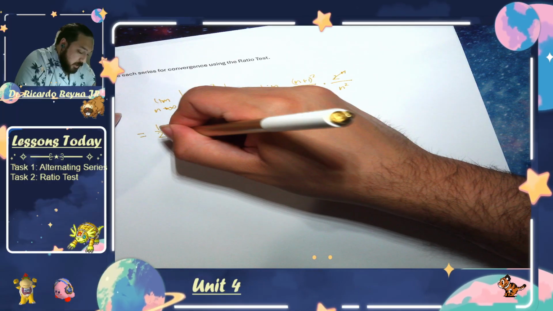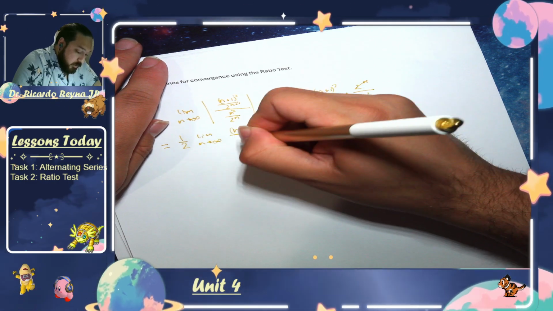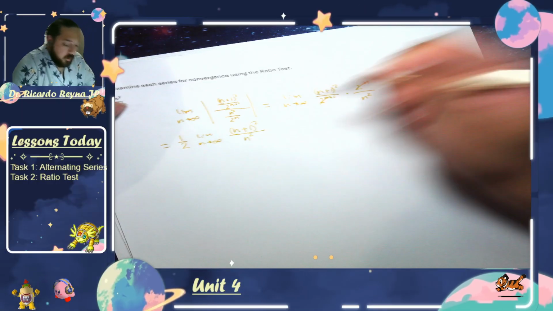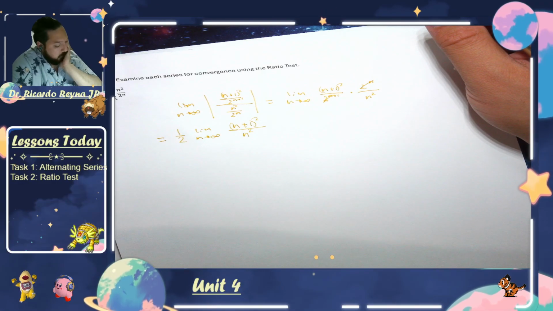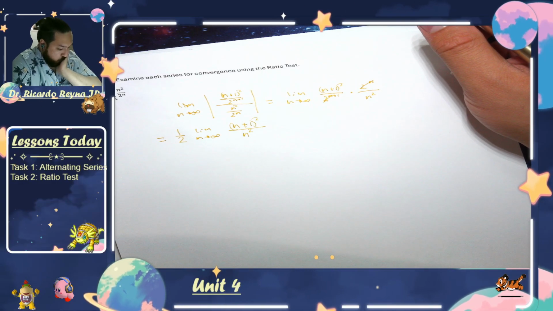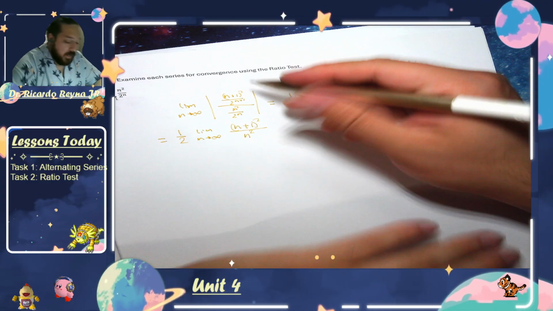Doing the limit as n goes to infinity of n plus 1 squared over n squared. For here, you're better off just expanding that top part.